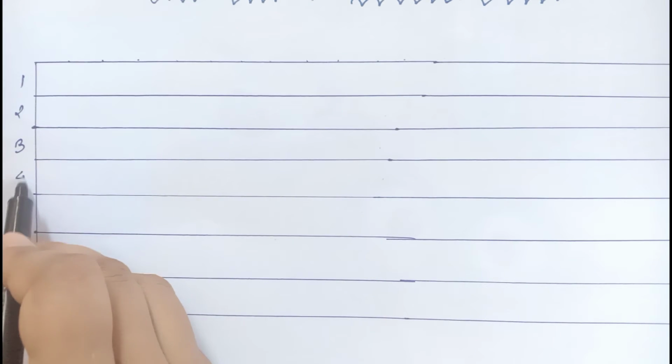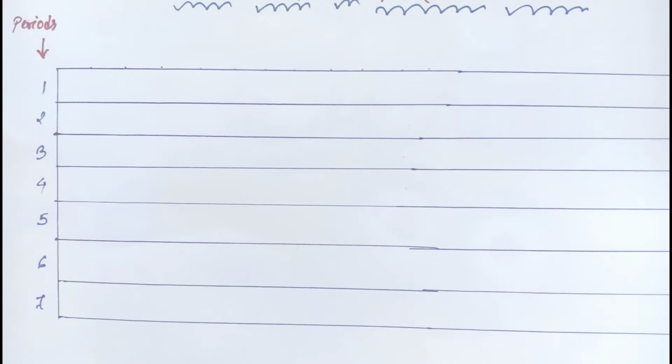So these are the 7 periods found in a periodic table: 1, 2, 3, 4, 5, 6 and 7. These horizontal rows are known as periods.